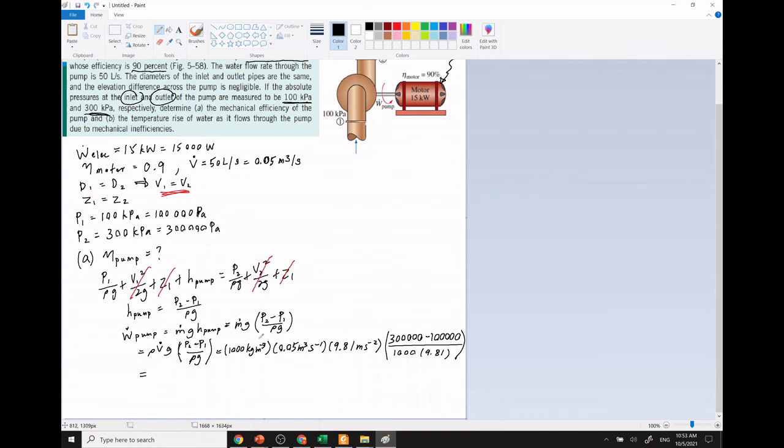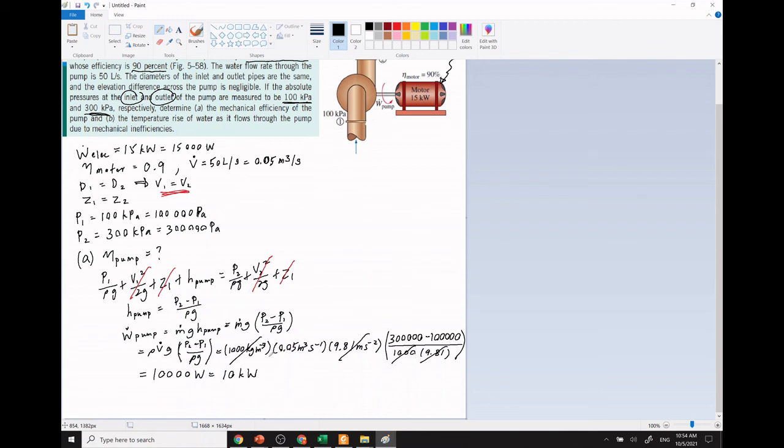For example, the rho 1000 can be cancelled out, and the G can also be cancelled out, so we simplify our calculation. So it's 10,000 watt, which is 10 kilowatt.